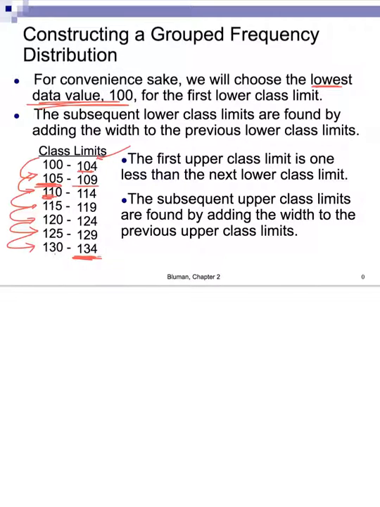As you recall, our highest data value was 134, so we're in good shape. It's going to fit within our group frequency distribution. If it does not, you did something wrong with either determining the class width or setting up your group classes. So you want to go back and check that.